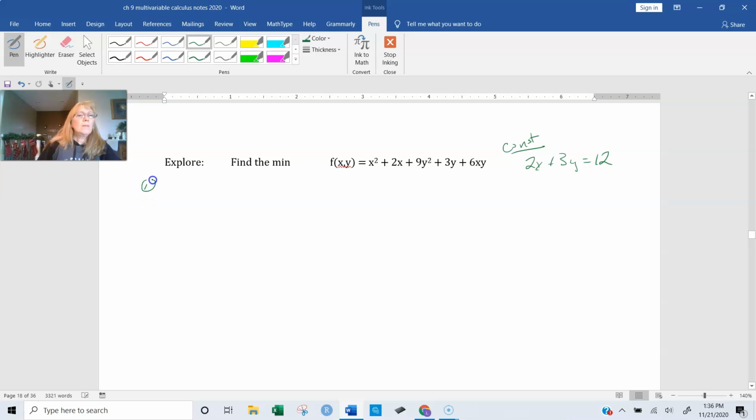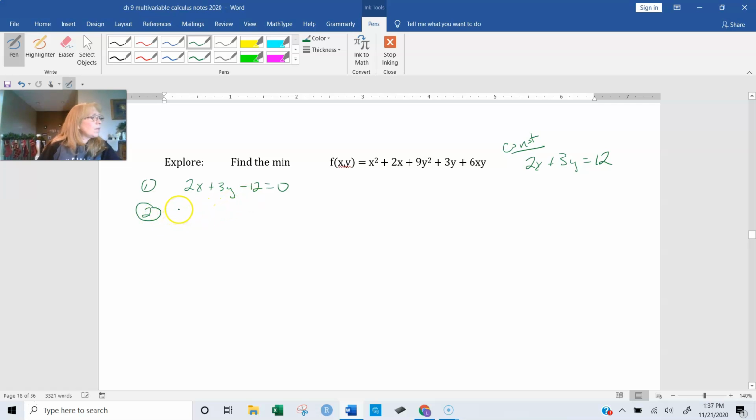So step 1, we set our constraint equal to 0. So 2x plus 3y minus 12 equals 0. Step 2, we calculate our function.